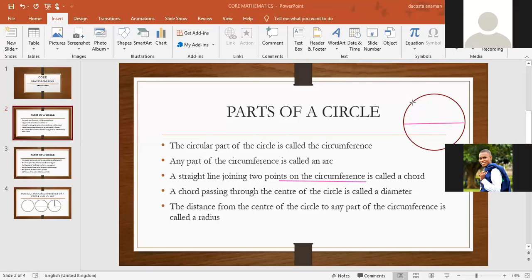Now there's another chord that also touches the circumference of the circle, but it doesn't pass through the center. So that's the difference. The diameter is a chord, but it passes through the center of the circle, and that makes it special. That's why it is called a diameter. And the normal chord touches any part of the circumference. So if it moves from here to here, it is a chord. If it moves from here through the center to here, it is what? A diameter. So that's the difference. Take note.